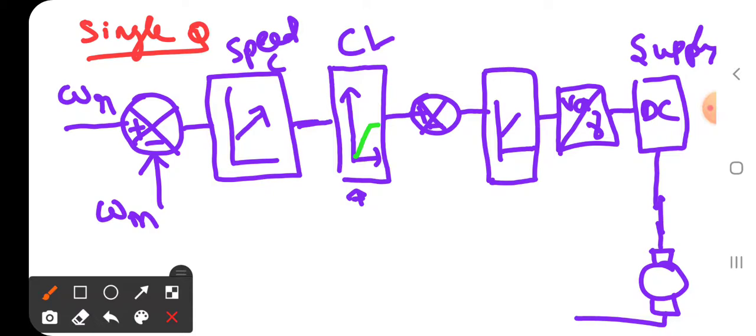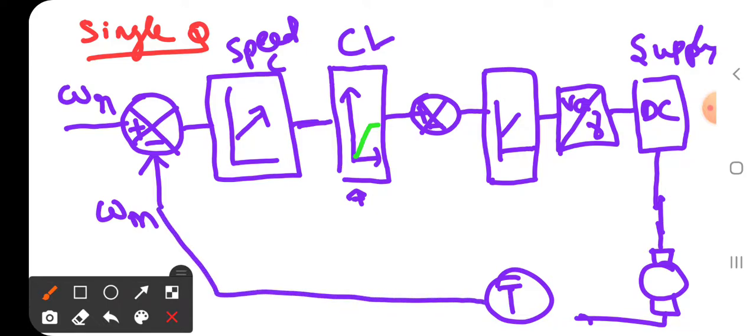Using a tachometer, or in some cases a tacho generator, we sense the speed. The diode signal and the gate pulse will be the feedback here.